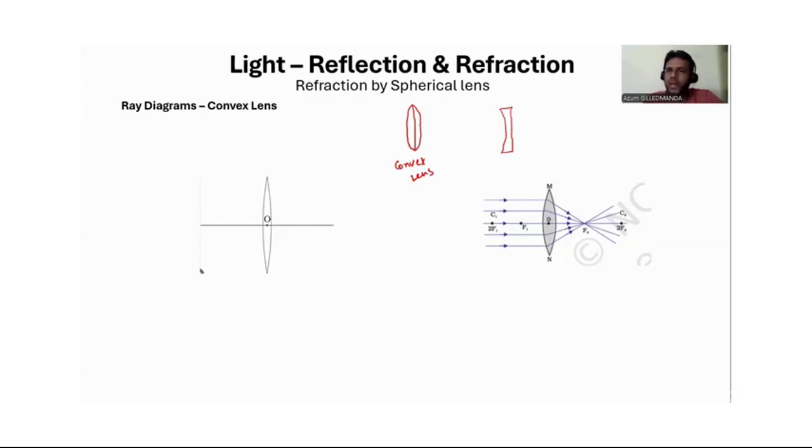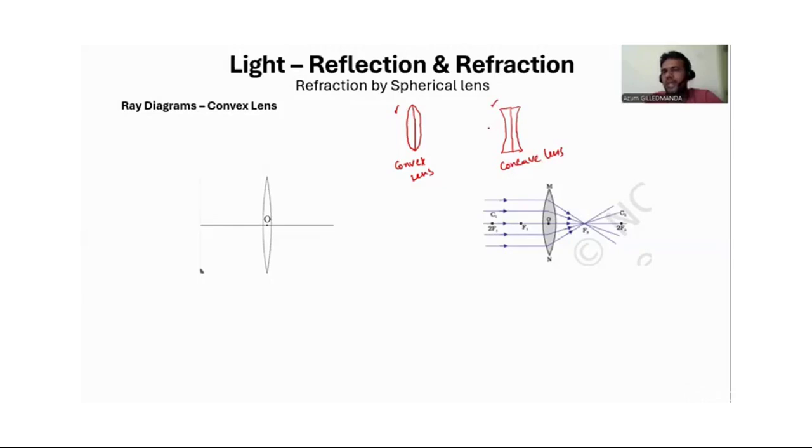If I add another such one, that is a double concave lens, or we also call it a concave lens. Going forward, we will not refer to it as a double convex lens. When I say convex lens, this is the convex lens and this is the concave lens.